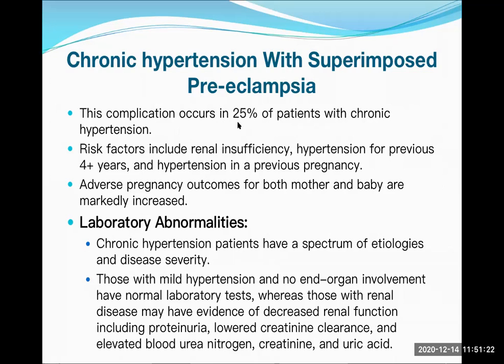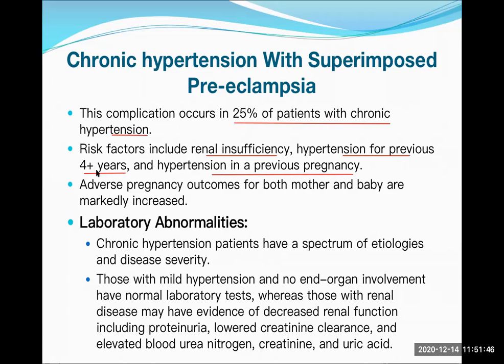This complication occurs in 25% of patients with chronic hypertension, and the risk factors for its development include renal failure or renal insufficiency, hypertension for the previous 4+ years, and hypertension in a previous pregnancy. 4+ means nearer in duration.